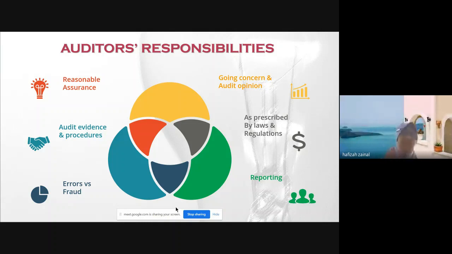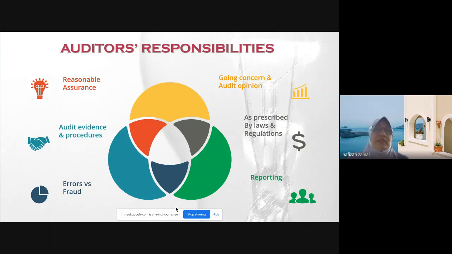But if you think it is not okay, then you have to put it in the notes to the accounts, or perhaps in the disclosure, or perhaps in the audit opinion. So going concern is very crucial, especially now during the pandemic time. You have to state the status of the business continuity.